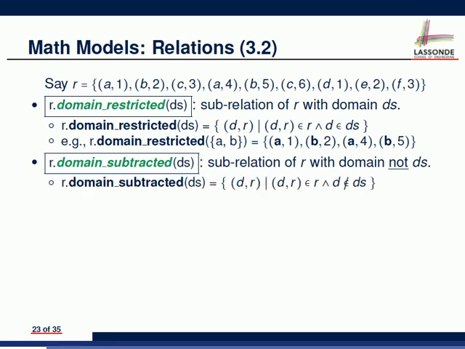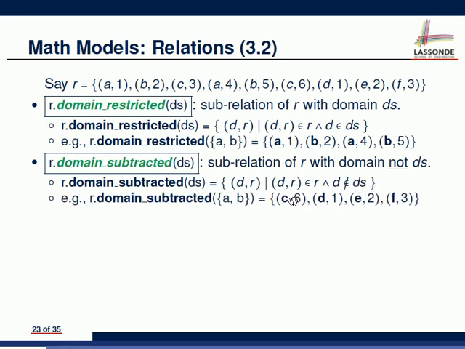Say I do R domain subtracted, now what I get is everything where the domain is not in ds. What would it be? You can see I only have C, D, E, and F left. A and B are not included anymore. Guys, are we okay? These are very simple, not difficult. I just want to go through them with you very quickly.